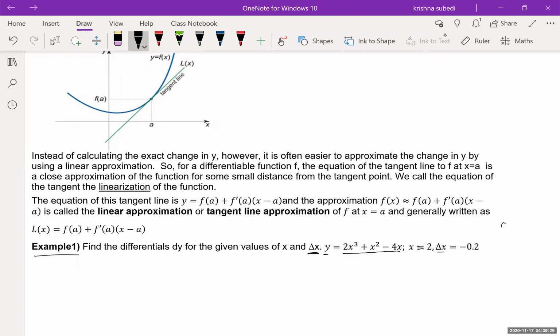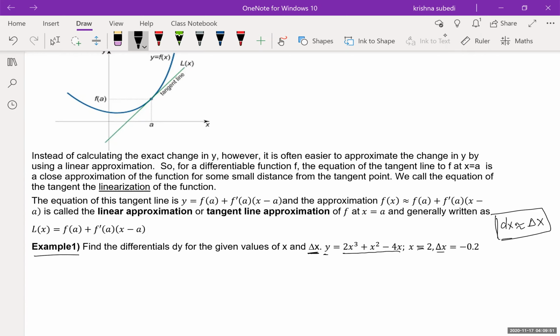Now remember, dx and delta x are equal. Why they are equal, we'll talk about later. At the moment, just remember that delta x and dx are equal, or approximately equal if you want to say it that way, but they are basically equal.